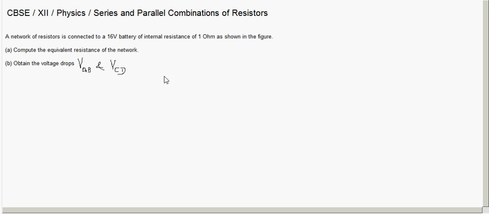First, let us see how the given network is. This is the given network.